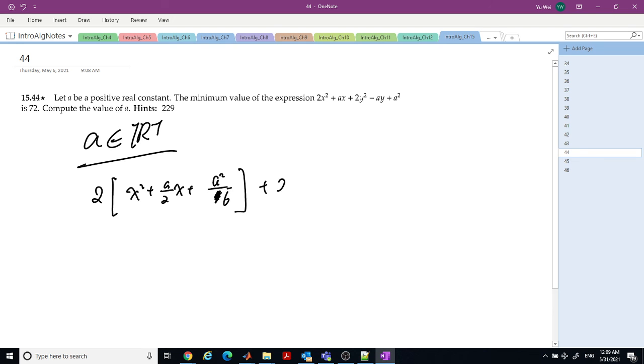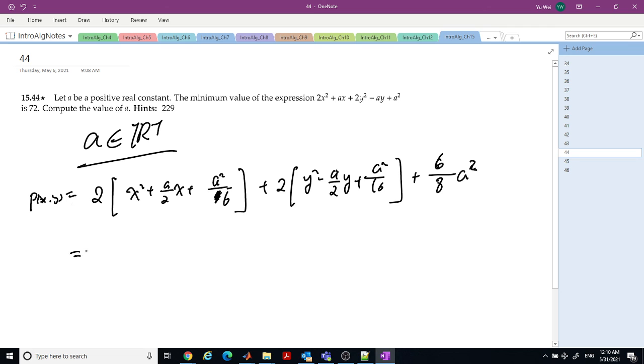Then plus 2 times (y squared minus (a over 2) y), then plus a squared over 16, then we plus 3 over 4 times a squared, right? So now P of x and y equals 2 times (x plus a over 4) squared, then plus 2 times (y minus a over 4) squared, plus 3 over 4 a squared.